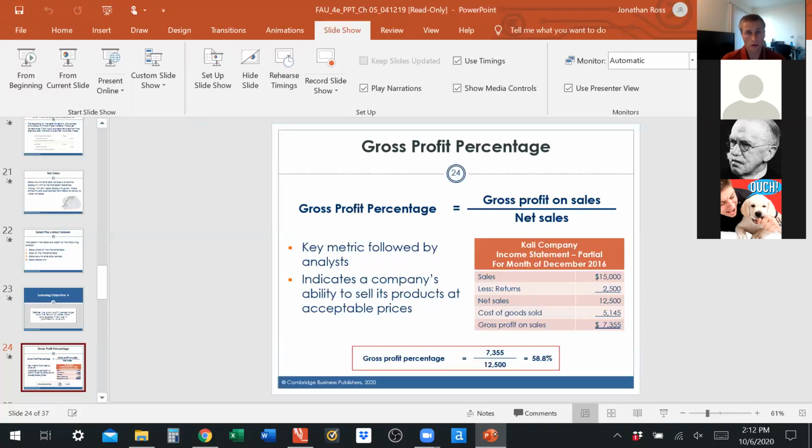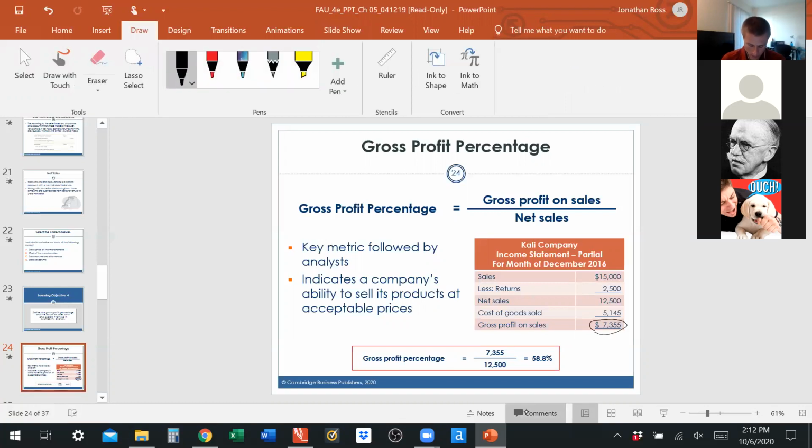That gives us our gross profit. And we just take our gross profit and divide it by our net sales, and that gives us our gross profit percentage. After multiplying by 100, this number is 0.588 times 100, 58.8%.